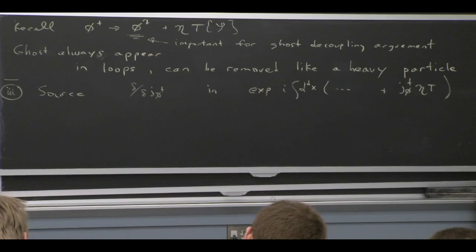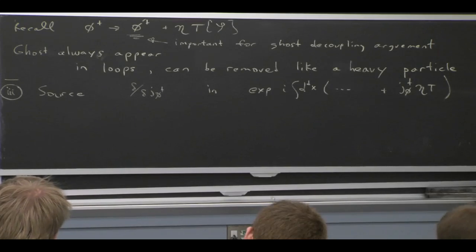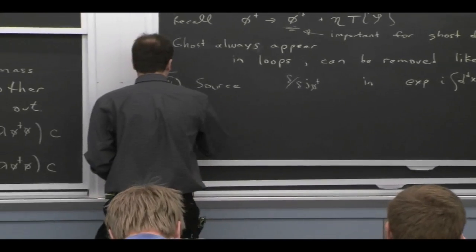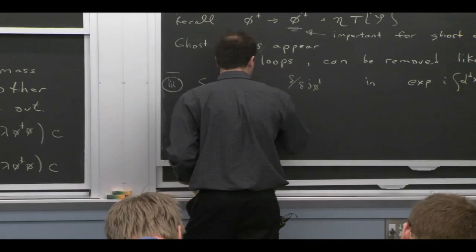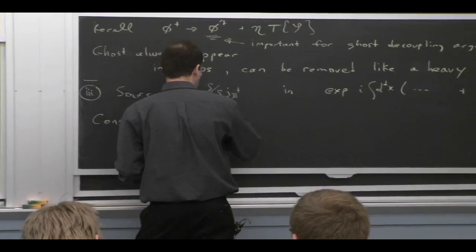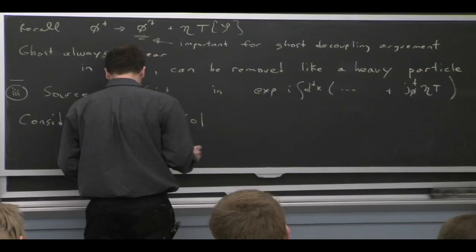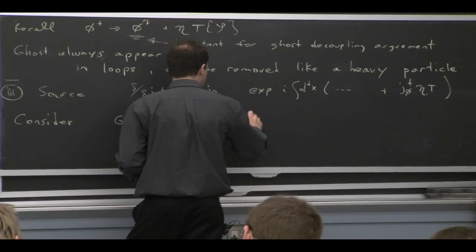And this is where it's important that we're actually considering observables. So we need to consider observables. So let's start by considering some Green's functions, or time order products.